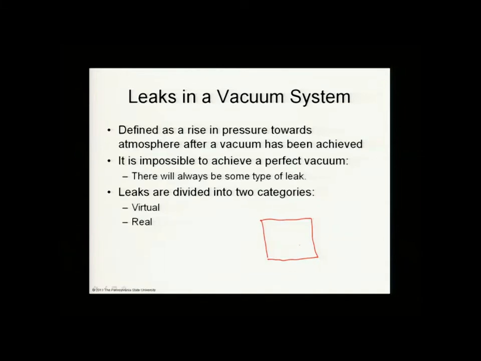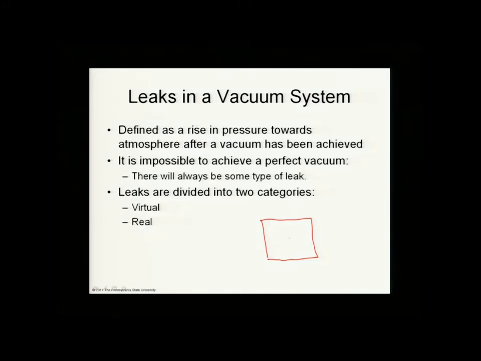Perhaps this vacuum system operates at 10 to the minus 7 torr. You find that you can't pump it down to 10 to the minus 7 torr. Or you find that when you pump it down to 10 to the minus 7 torr, which we've called the base pressure, the lowest pressure you want to get to start your processing, that it doesn't stay there.